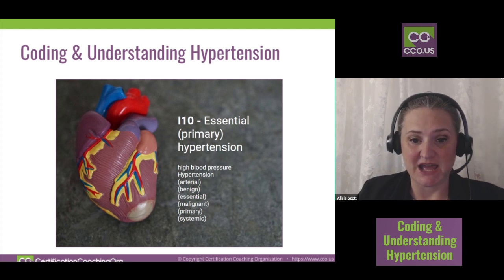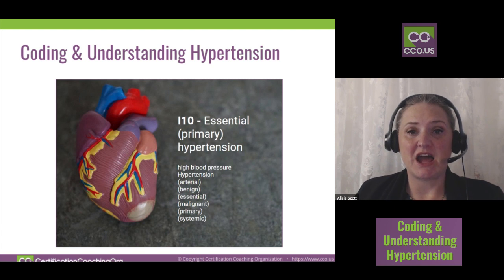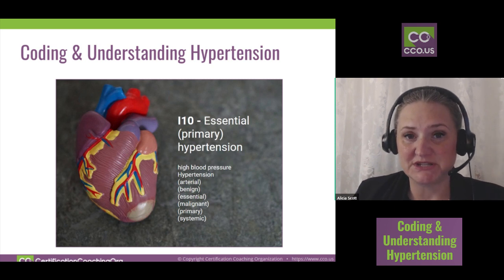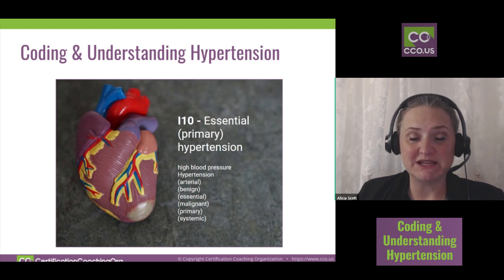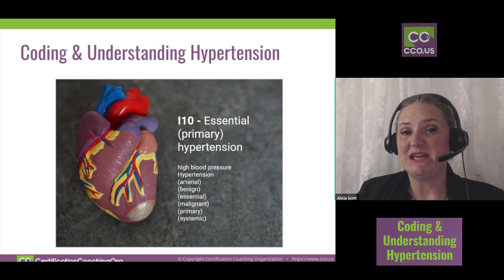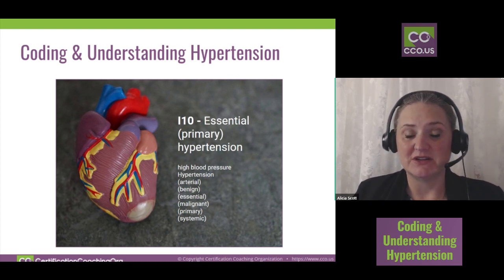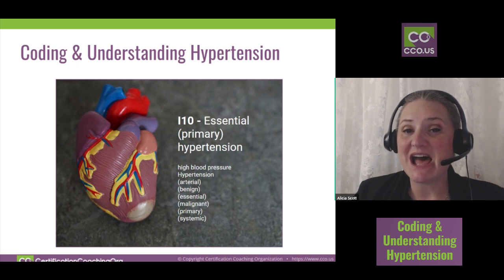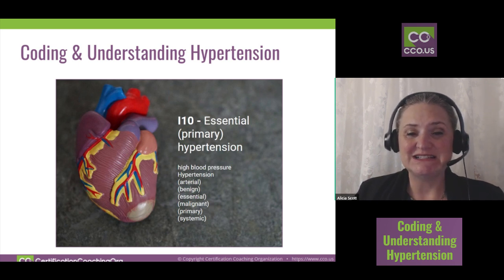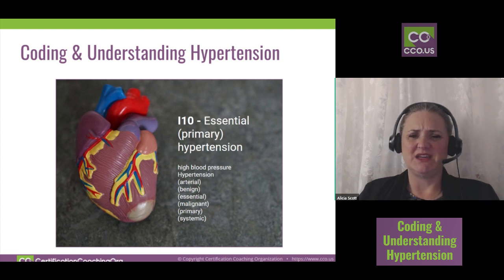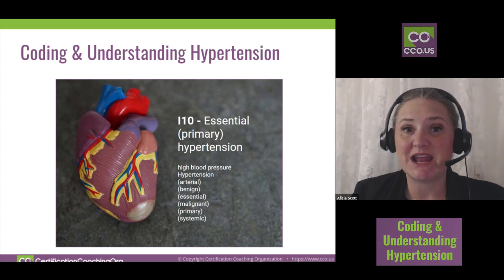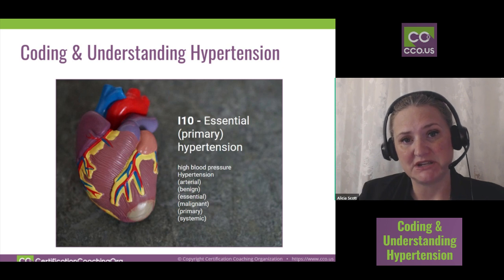If a person has any of these high blood pressure or hypertension types, then they're I10, which basically boils down to plain old hypertension. You may see a provider document it as arterial hypertension, benign hypertension, essential, malignant, primary, or systemic. Now, you think, well, how can it be malignant and benign hypertension?